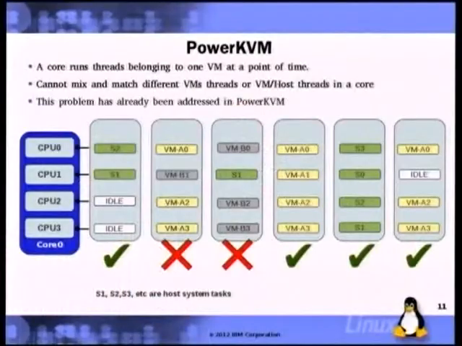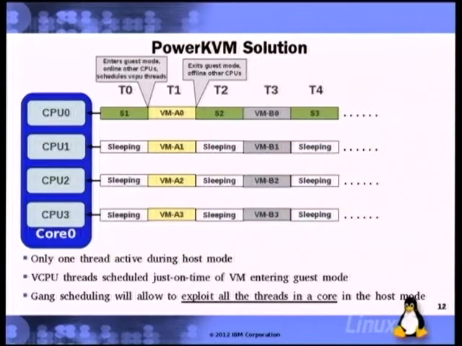We can have all the vCPU threads of the same VM, or all the threads of the host kernel, or you can idle them, that's fine, but they should not execute different contexts. This has been addressed in Power KVM in a tricky way. I'll just go through that.